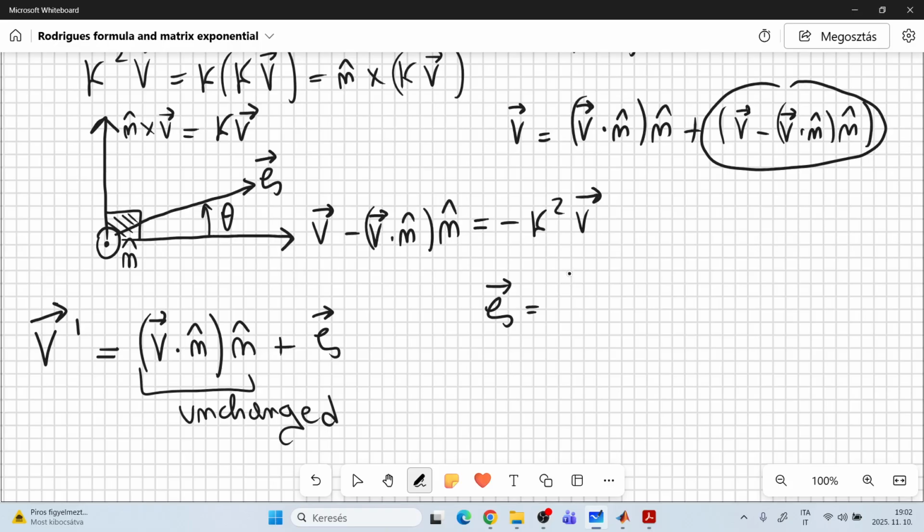So the rotation will only change the orientation, but it will not change the magnitude. So the magnitude is still equal to k squared v, plus or minus. The magnitude, of course, will be unaffected by the sign, because the magnitude of a vector is equal to the magnitude of minus the vector itself.